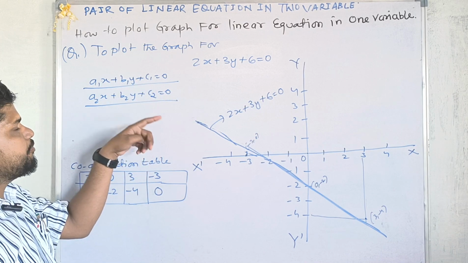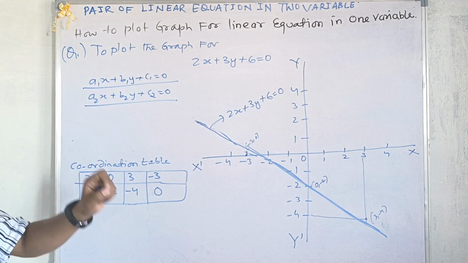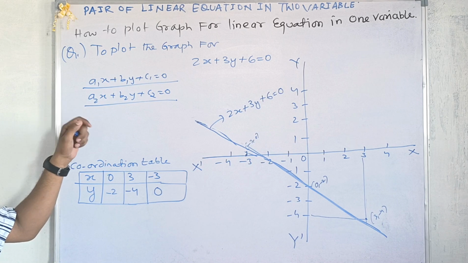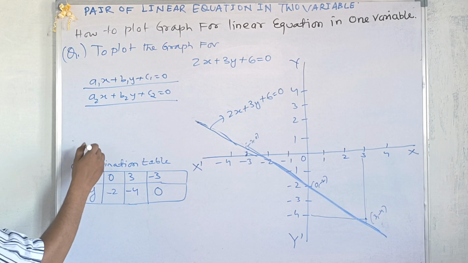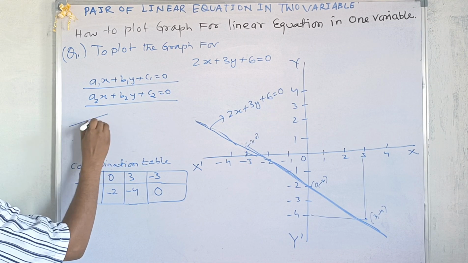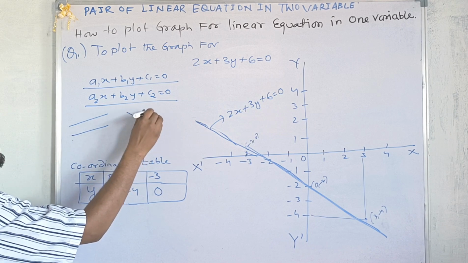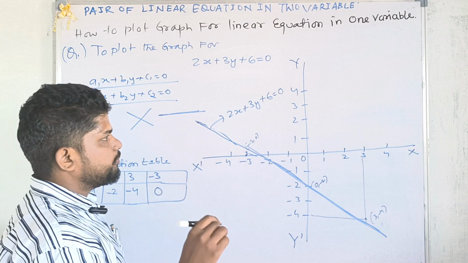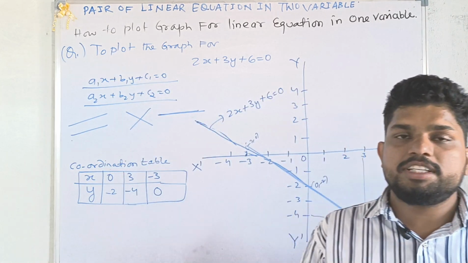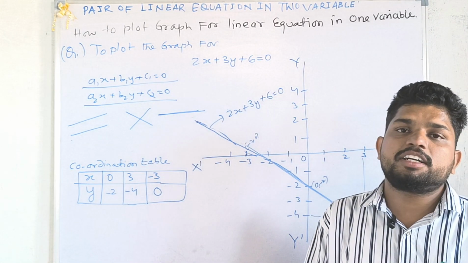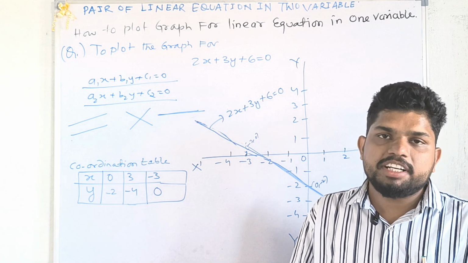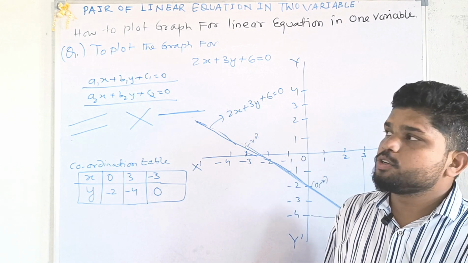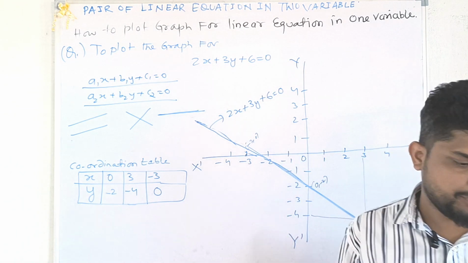So generally the pair of linear equations in 2 variables that we draw will be straight lines, and the cases arise for parallel, intersecting and coincident. So let's see the graphical method to solve the pair of linear equations in 2 variables. So just see.